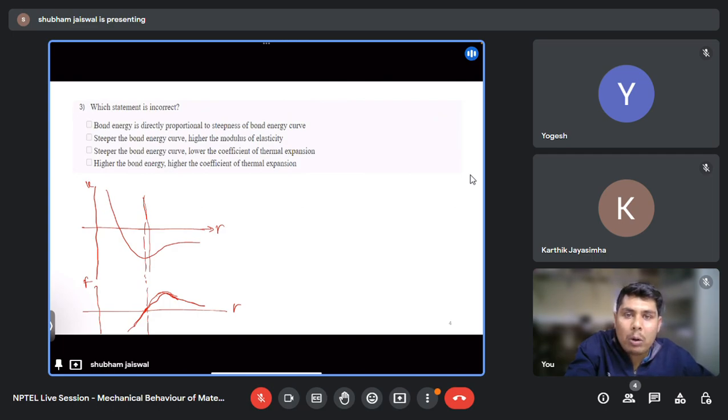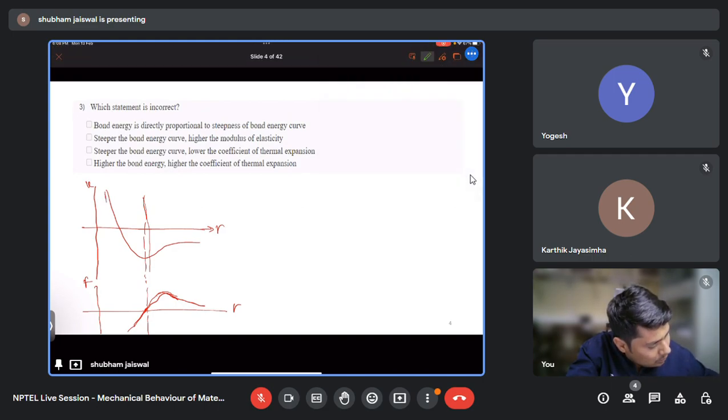The higher the bond energy, the stronger the bond and the steeper the curve. So this curve will go steeper and steeper if the bond energy is higher. If the bond energy increases, it will be something like this. So with an increase in the bond energy, the stiffness of the curve increases.